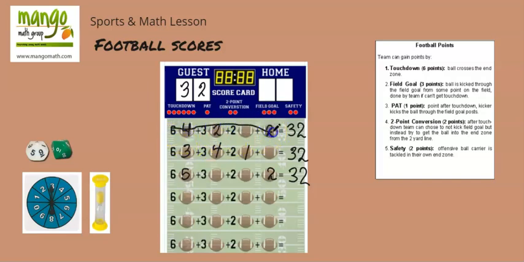So that's not one that they get a point for. The only ones they get points for is if they have one that nobody else has written down. So let's say nobody else wrote down the 5 touchdowns and the 2 pats, or point after touchdown. So they then score 1 point, and they're going to mark that point up here in their home field.